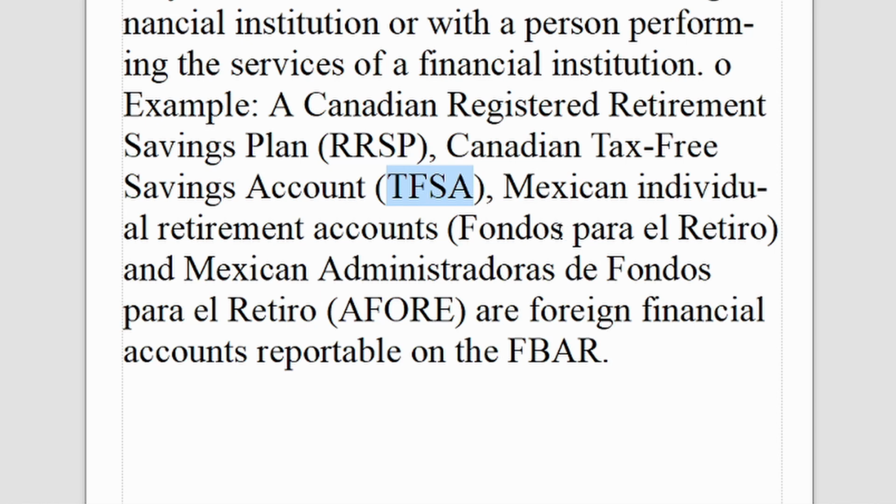So anything that's like a US IRA kind of thing where you contribute money and you decide what the investments are, those are considered foreign financial accounts, and those are reportable on the FBAR.